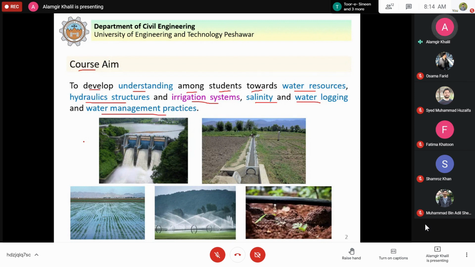For example, we take the water from the dam to the agriculture fields, farmlands. So we have to provide a network to carry the water from the source to the point where it is to be delivered to the crops in the fields.